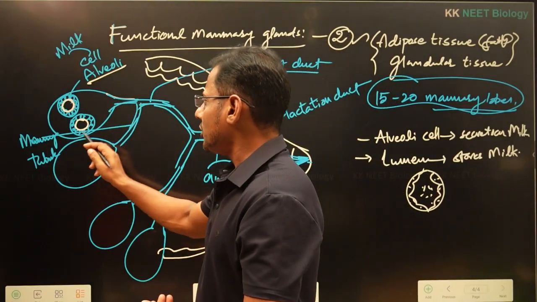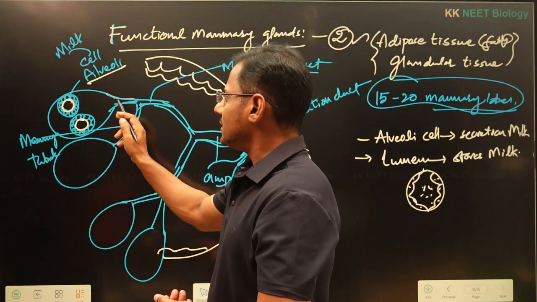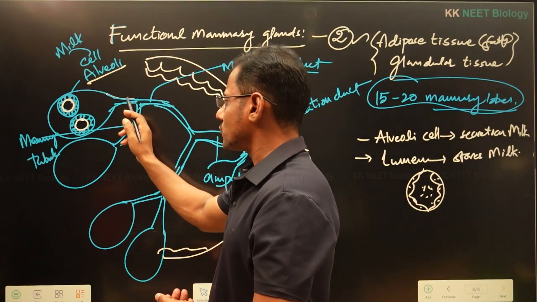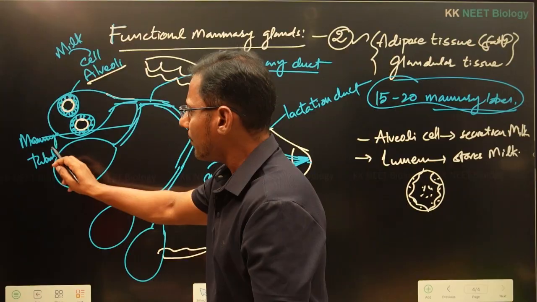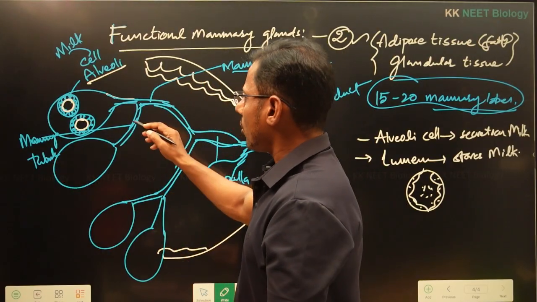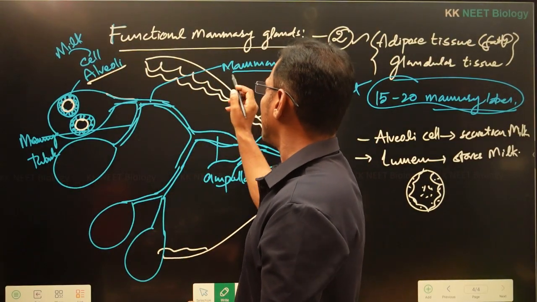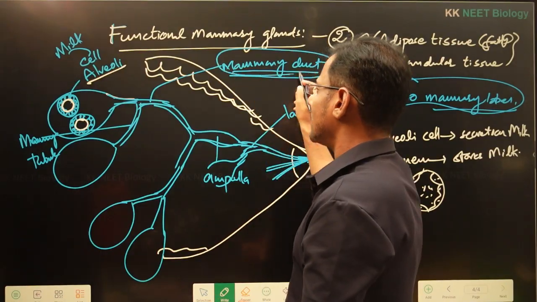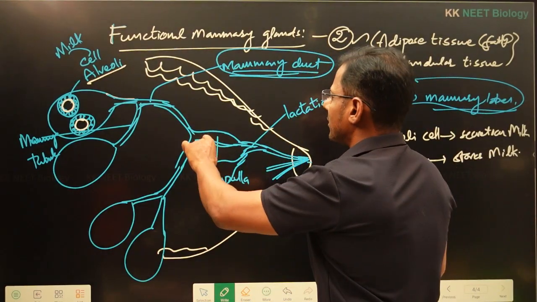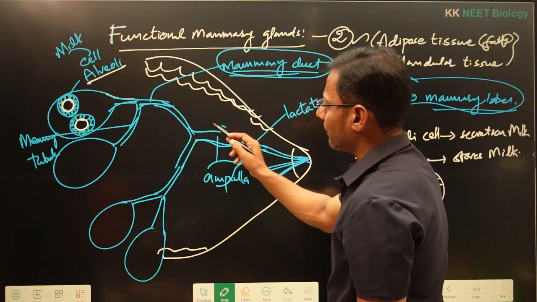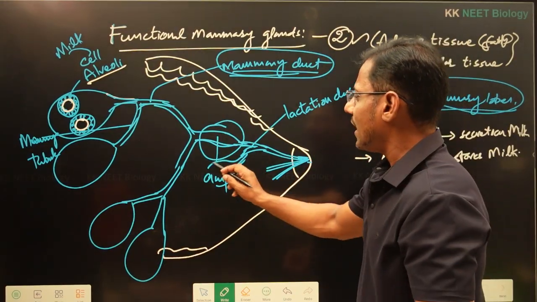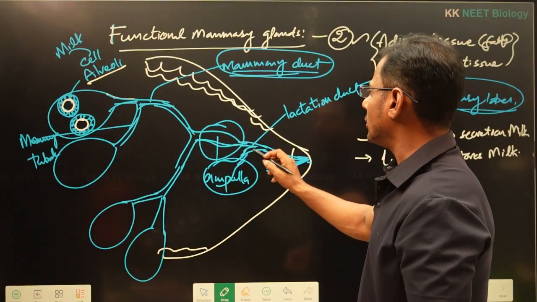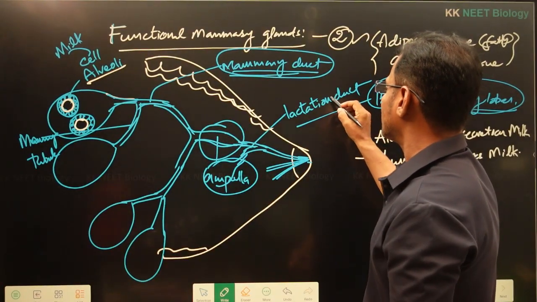From each mammary lobe a small tubule arises. We call it the mammary tubule. All the mammary tubules join together to form one more duct, the mammary duct. All the mammary ducts join together to form an ampulla, a wider duct region. These ampullae join together to form the lactational duct.